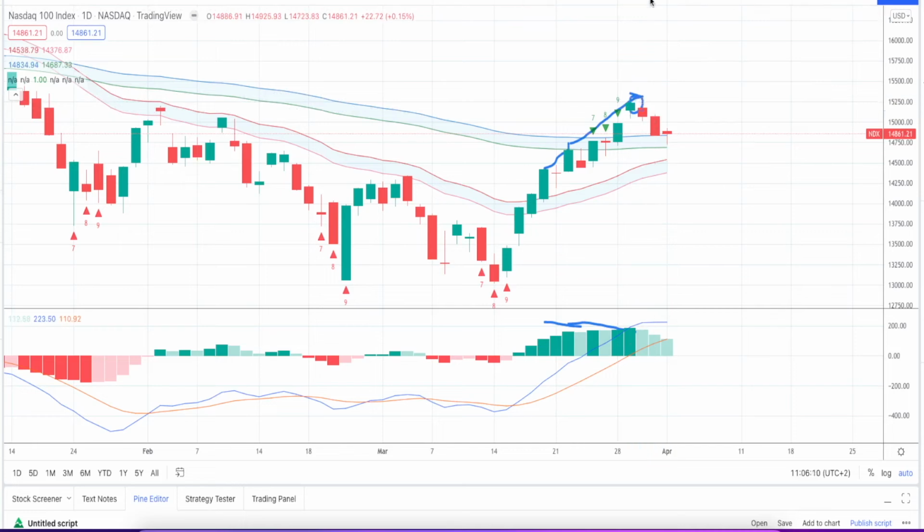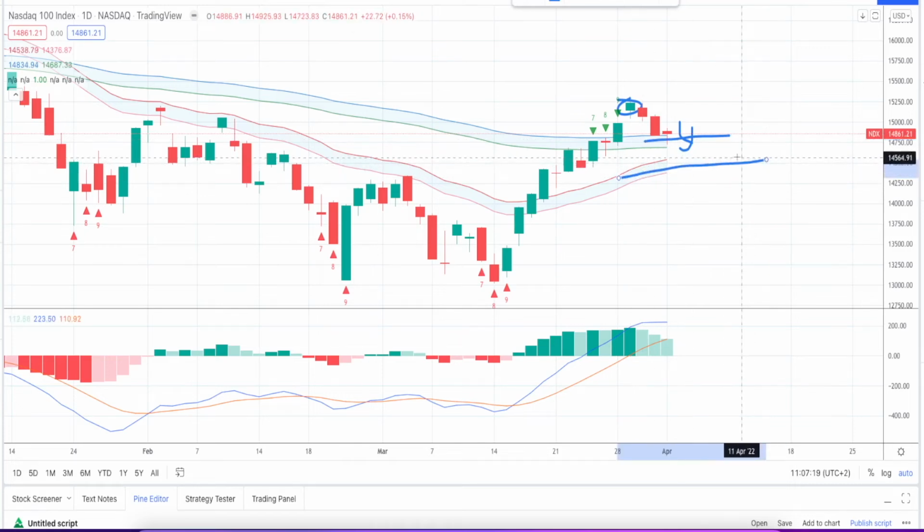Why is that? According to my discipline, when I see a 2-hour top structure form, that normally can trigger a price reversal for between 7 to 8 trading days, and then I need to evaluate whether the 7 or 8 trading days price reversal can make the price fall below the long-term trend channel and the short-term trend channel.